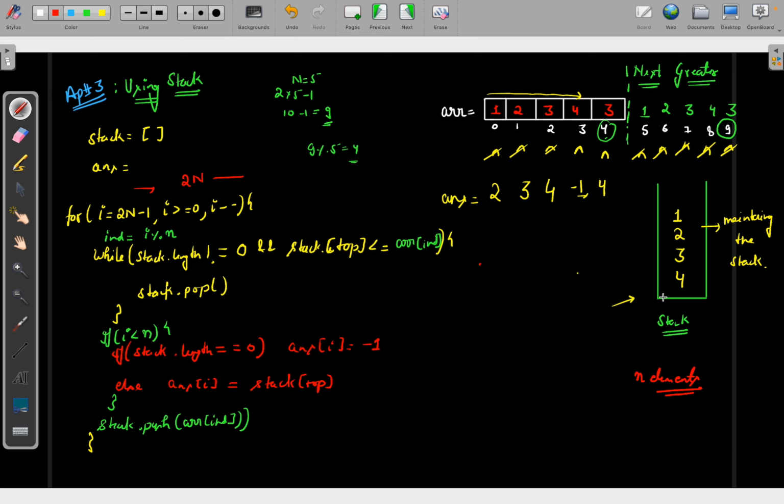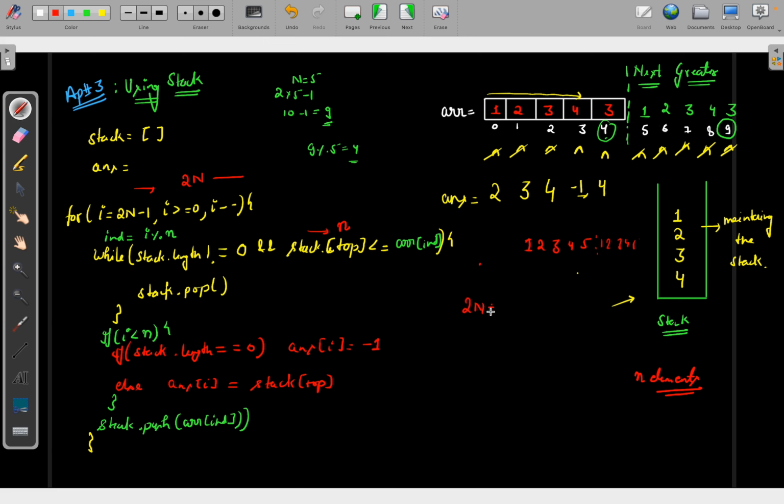It will go till n elements only, even if you take the worst case of, suppose, 1, 2, 3, 4, 5. Still it will take only 5 elements. Then for these 5 you will find the next greater element, so it will pop them one by one. So this will take n iterations only one time, and we don't multiply it.